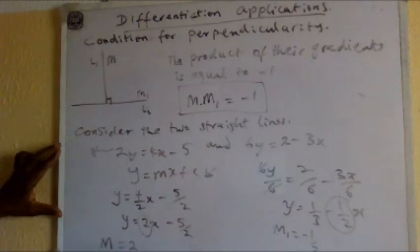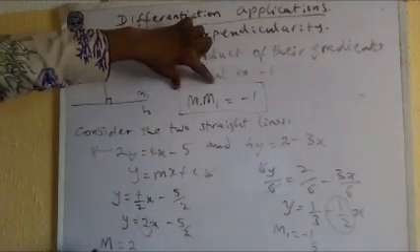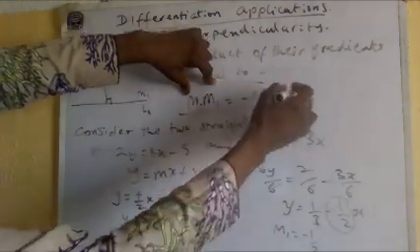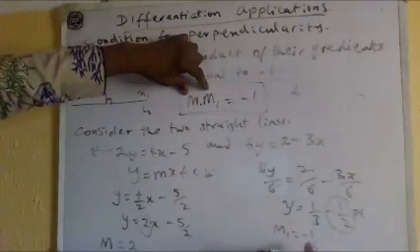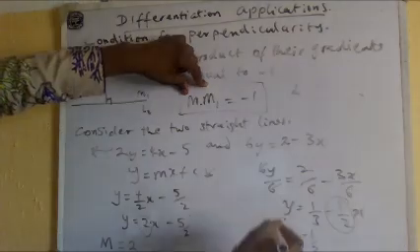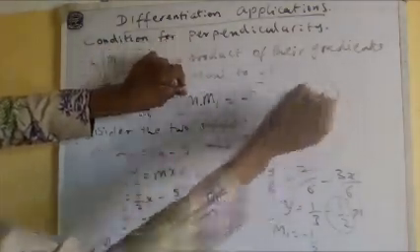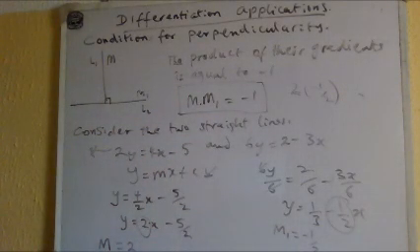So if I have m, I want to put it here now. This one is 2, right? So I put m there as 2. Then m1 is what? Minus 1 over 2. Let me write that very well.